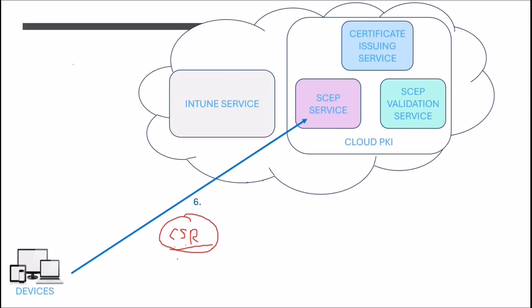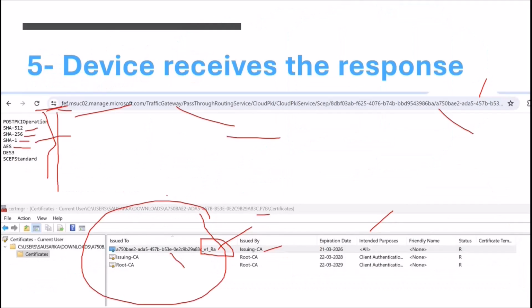Now, the device encrypts this CSR using the public key of the RA certificate which it got in the previous step. Remember, step 5 was the device doing a get CA caps and get CA cert request, and the response to the get CA cert request was this RA certificate.